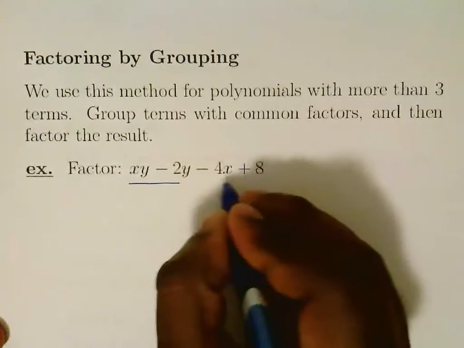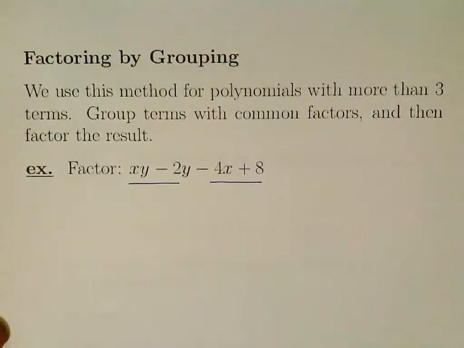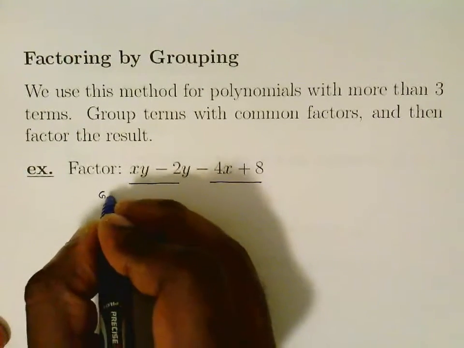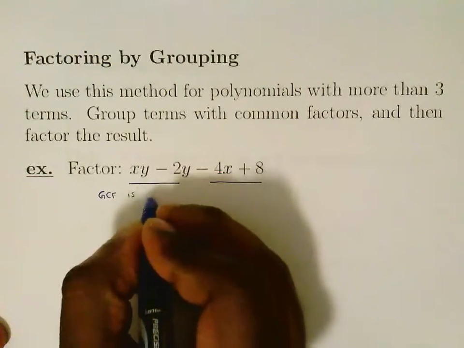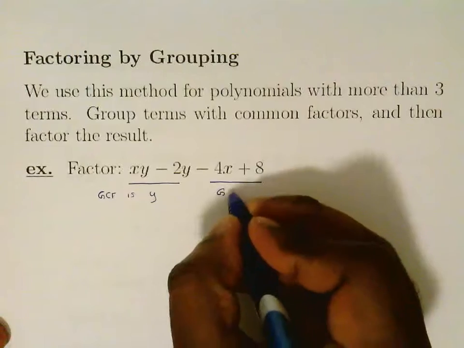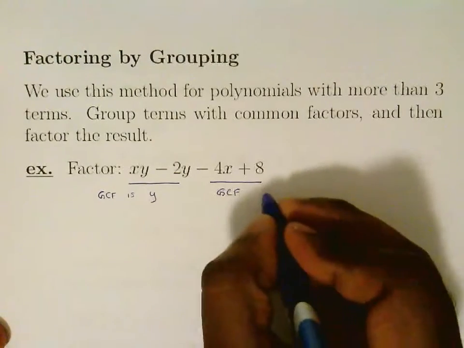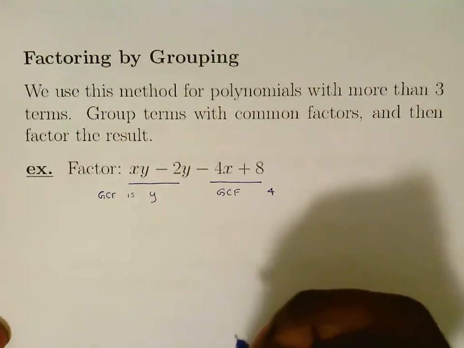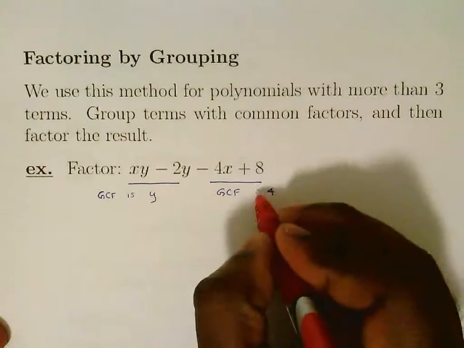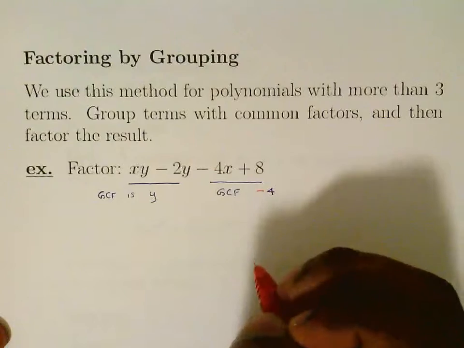You group the terms, and look at common factors of each of these terms. Now here you can see the common factor is y, and here you can see the common factor is 4. Now instead of 4, I would do negative 4 for a reason.